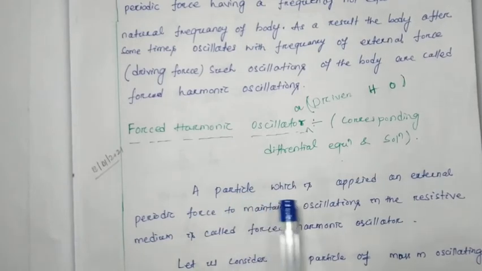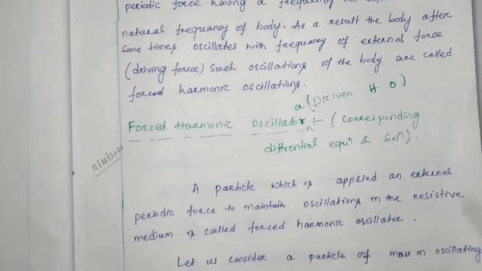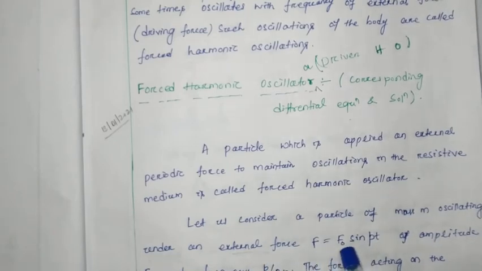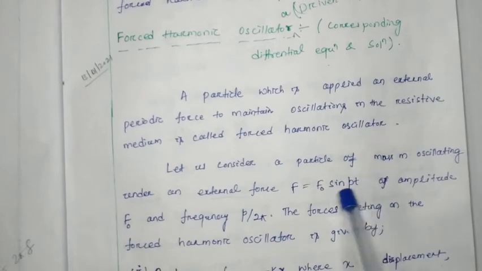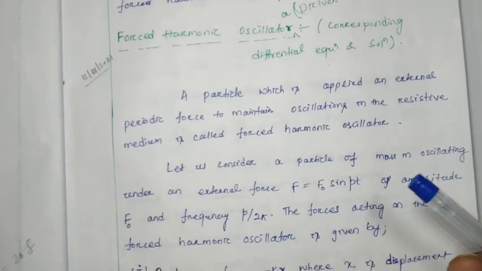A particle to which an external periodic force is applied to maintain oscillations in a resistive medium is called a forced harmonic oscillator, as we discussed. Let us consider a particle of mass m oscillating under an external force, that is F equal to F0 sin pt. See, sine and cosine are periodic functions.